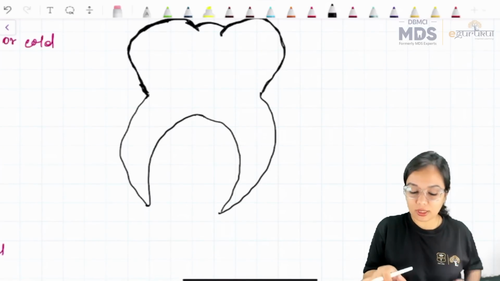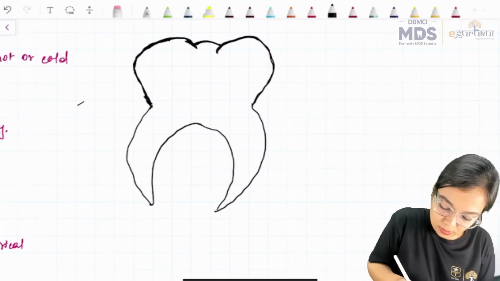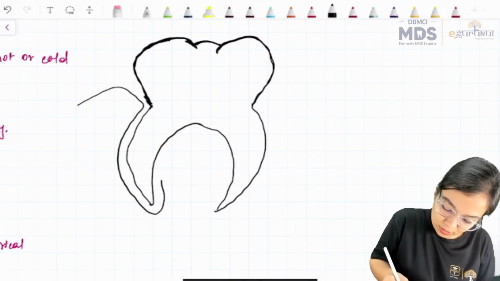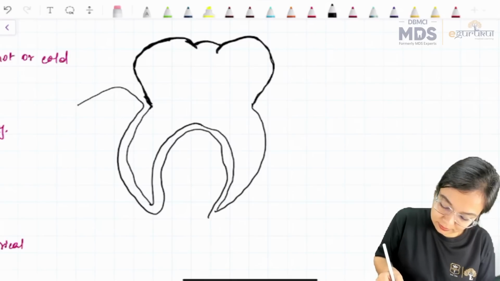Okay, so this is the tooth and this is the bone in which it is sitting.